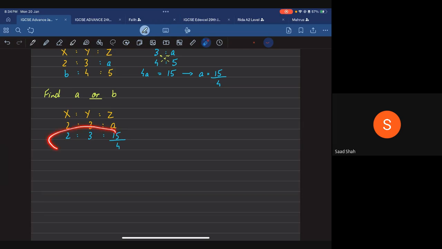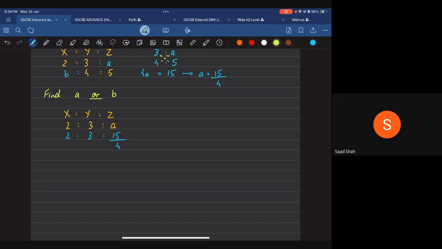But because these three ratios are in a relationship with one another, a comparison between each other, you cannot singularly increase one without affecting the other two. It's kind of like the same thing: you multiply on the right hand side of the equation, you have to multiply on the left hand side as well. The balance of the equation does not need to be disturbed.